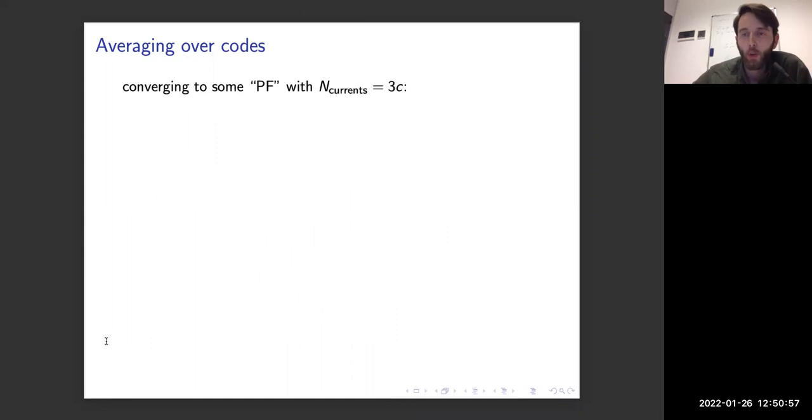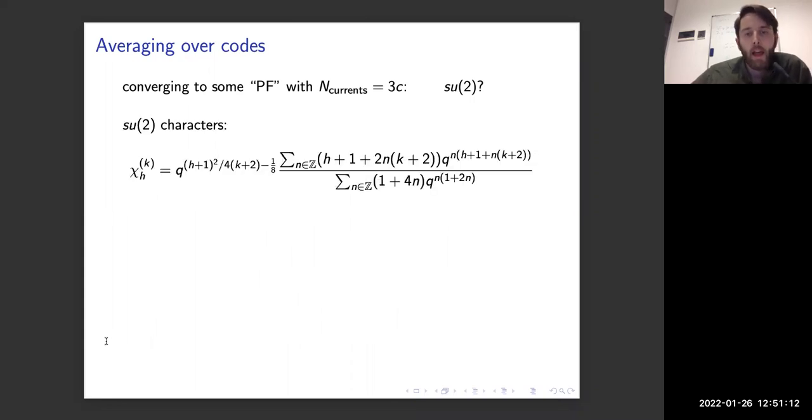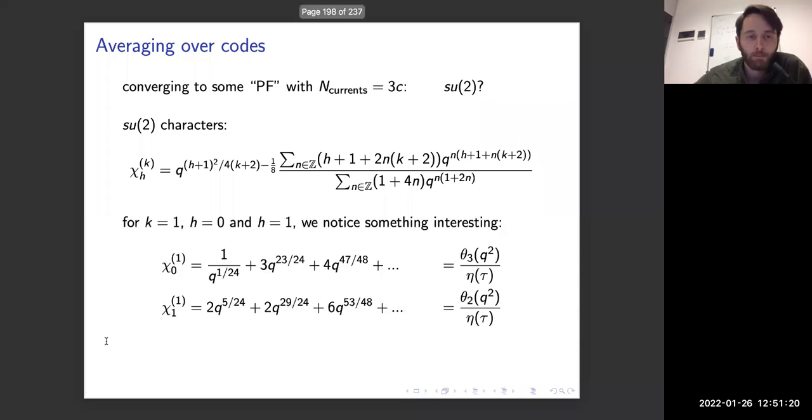I say partition function in quotes because I don't know if this is a real theory or anything, just kind of playing around with formulas. But a natural guess is that maybe this could be related to SU2, because I have 3 currents per central charge. And you can look up some formula for the SU2 characters for level k and weight h.